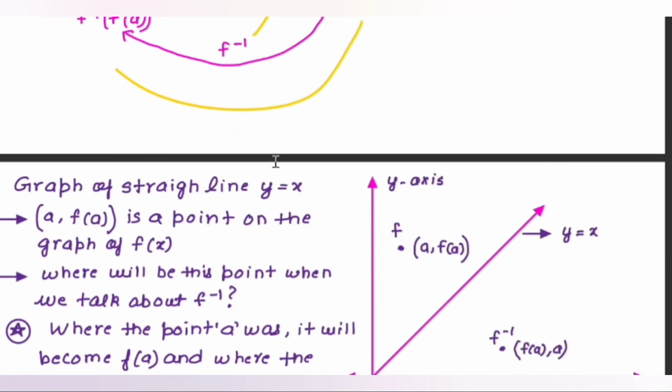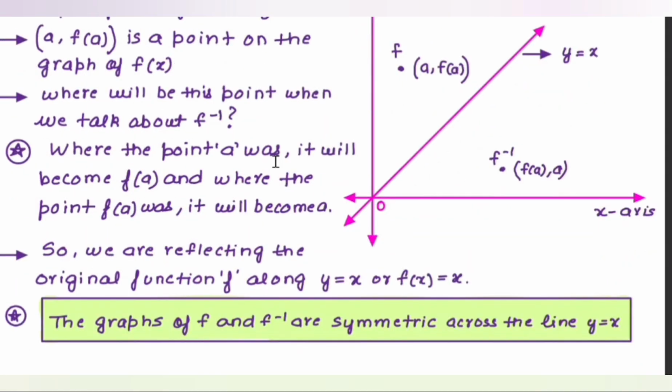This is already covered. So, graph of a straight line. Let's start with the very basic one, the graph of a straight line y equals x. Suppose this is a point on your graph of f of x. So where will this point be on f inverse? This is a question asked to you. Suppose I have this point a comma f of a.